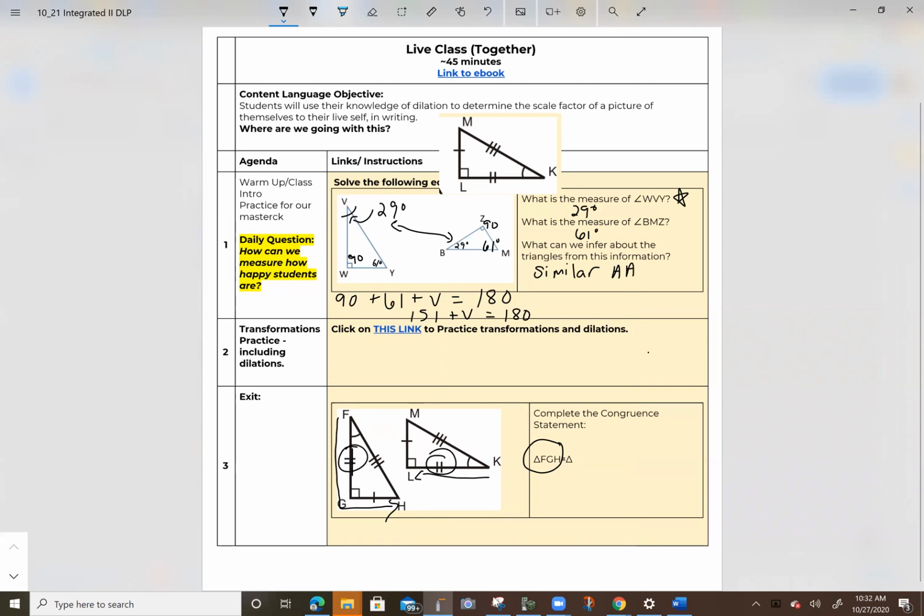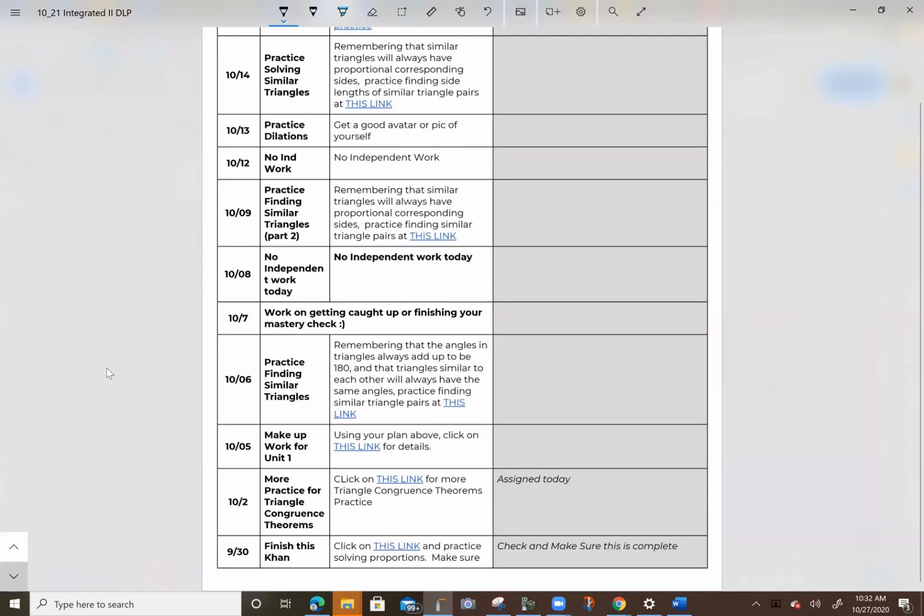So you're going down the first side that's the same to the 90-degree angle and then across the one. So if we have FGH in the first triangle, then we have to have K, L, M in the second triangle. Okay, and then please just look down and make sure that you are all caught up with your independent work before I see you again. Let me know if you have any questions.